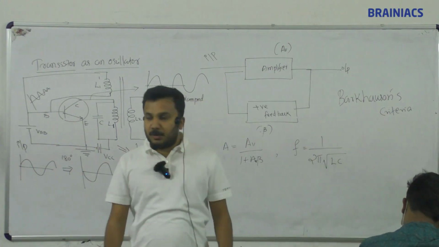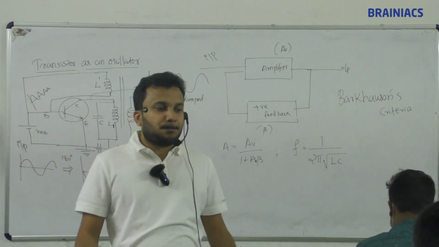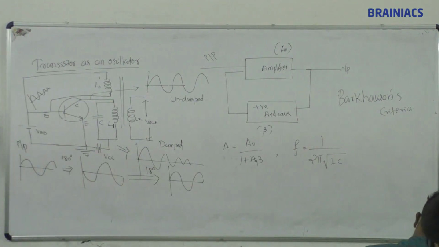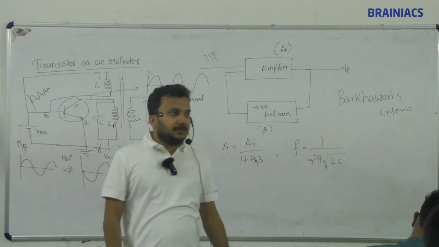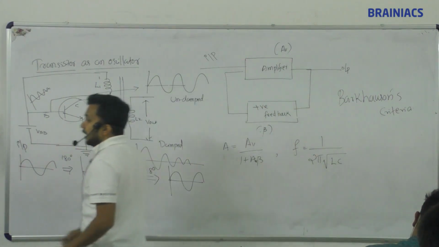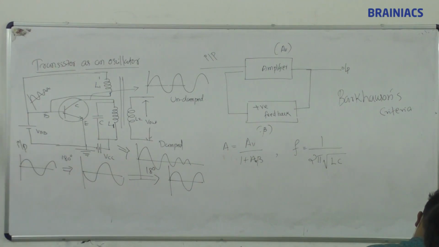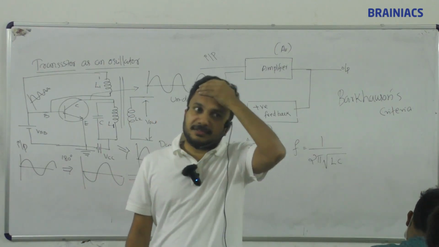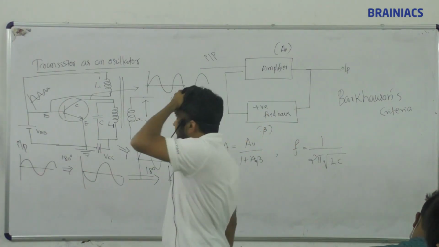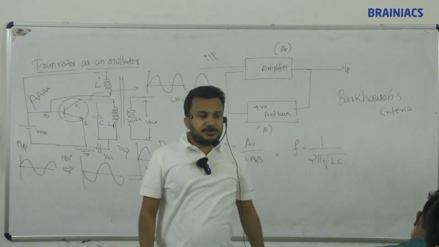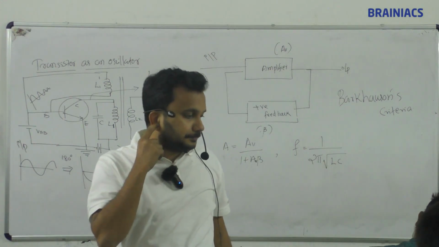Now we'll continue. Now the transistor amplifies the damped signal and produces what signal? Undamped signal.